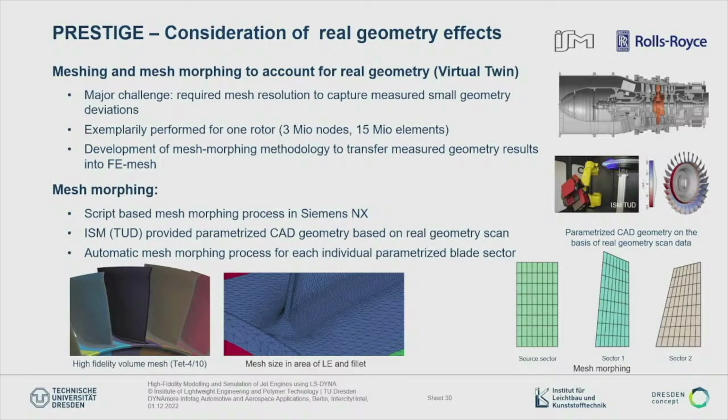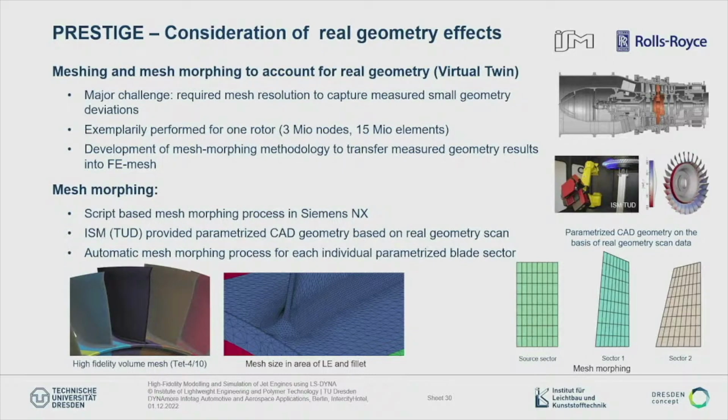And of course, another buzzword, the digital twin aspect, came in here. What we did, especially our colleagues from the ISM, is scan whole rotors, where each individual blade is scanned individually, and this geometry is then transferred into the CAD model, and then transferred into the mesh.